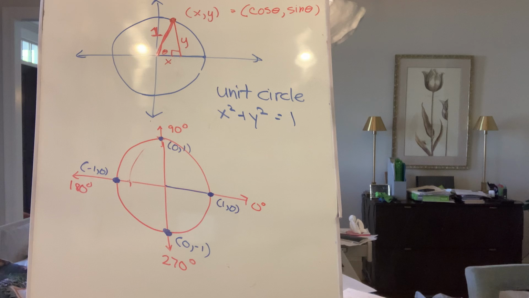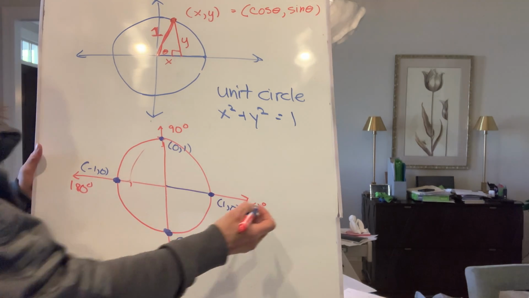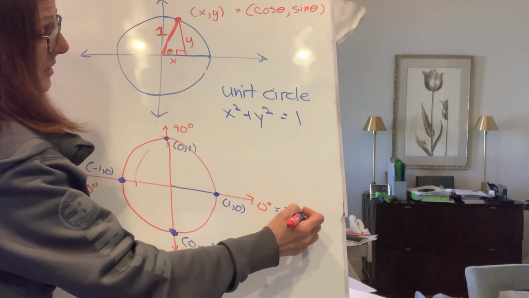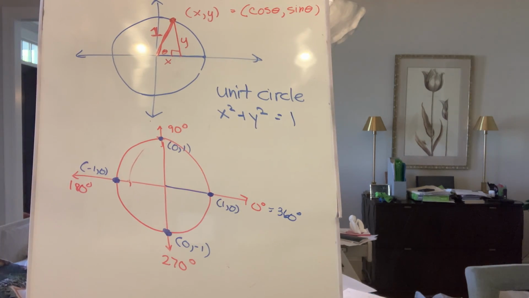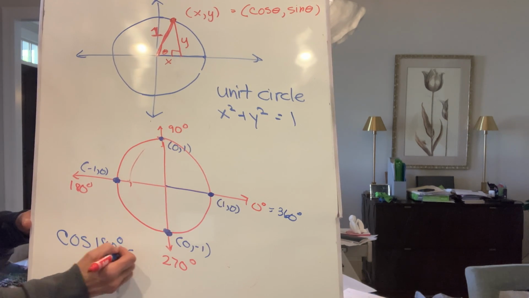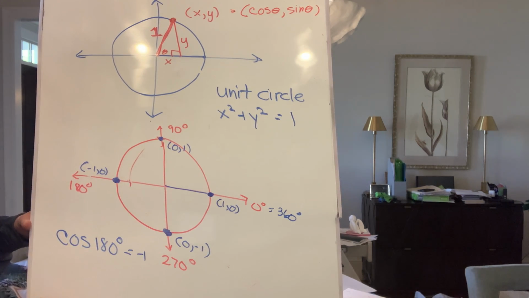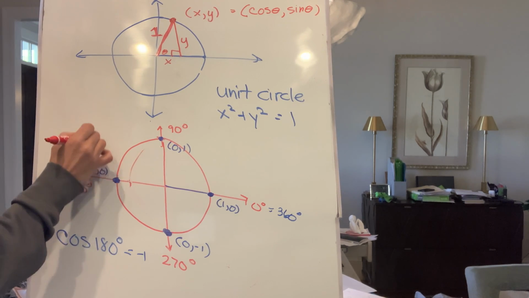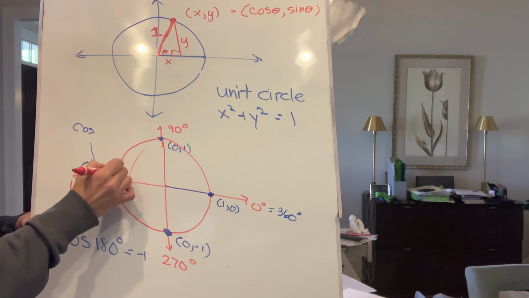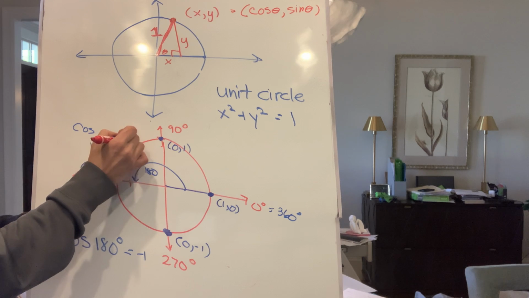So interesting enough, now we can say what the cosine of, this is also 360 degrees, of any of these angles are. So if I asked you what is the cosine of 180 degrees, you would know it is -1, because this number represents cosine of the angle, 180 degrees, and this represents sine.